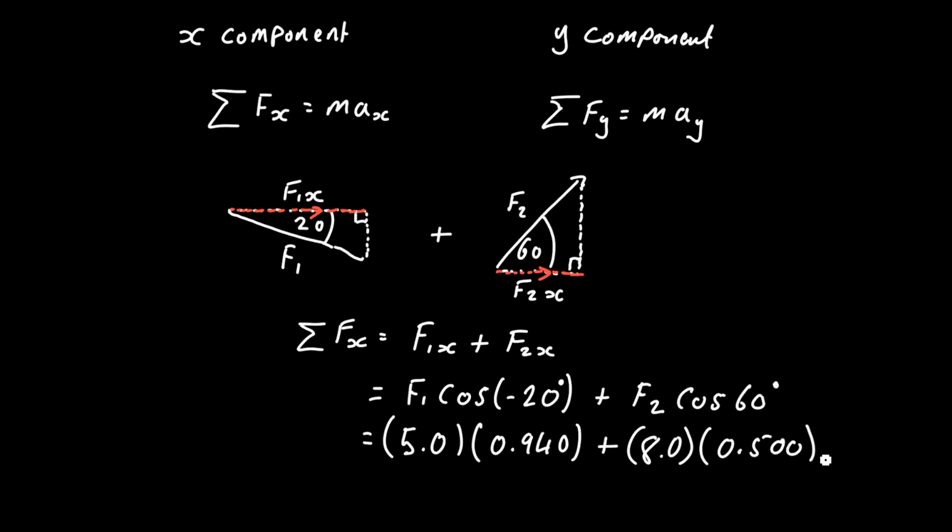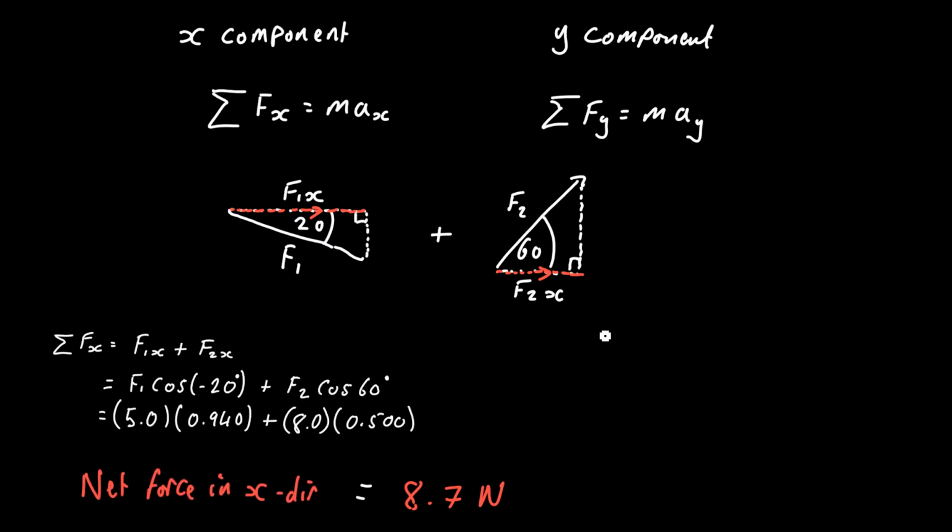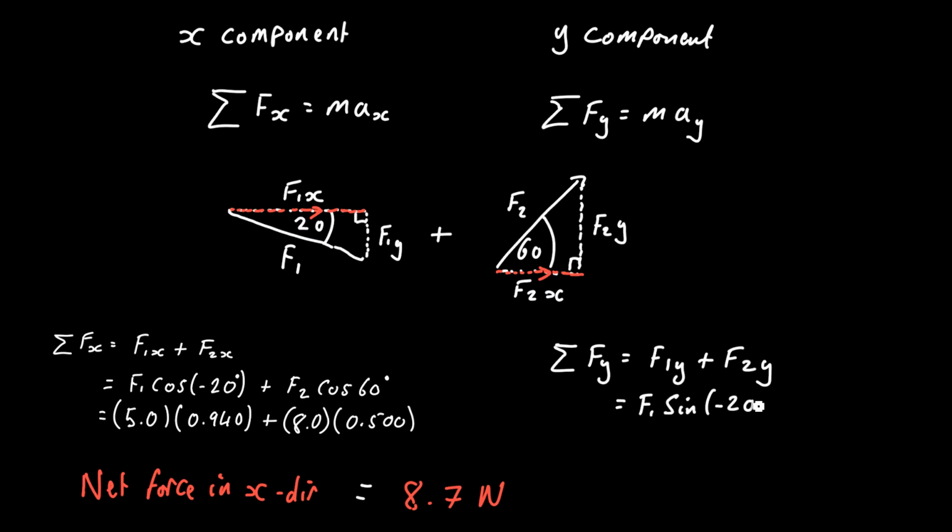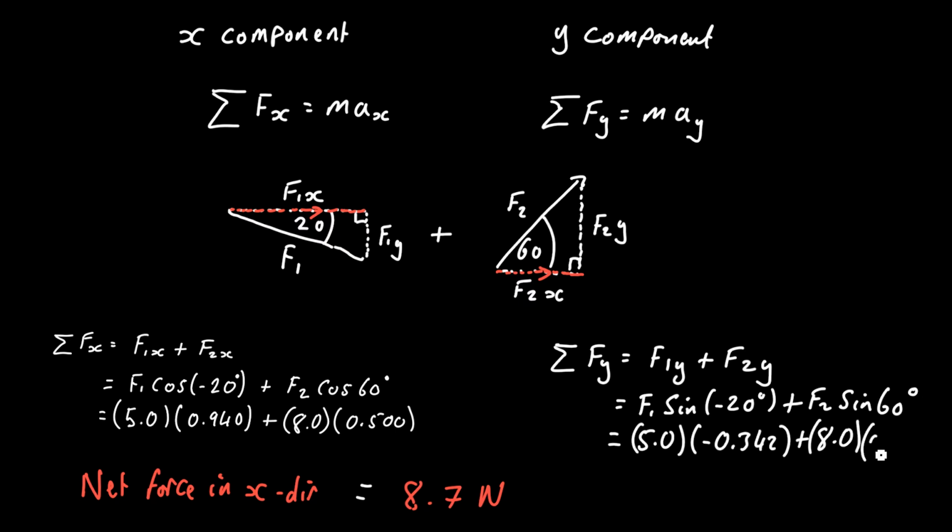And we end up with a total net force in the x direction of 8.7 newtons. So now if we look at the net force in the y direction, we add up the opposite sides of both triangles and we get F1 sine minus 20 plus F2 sine 60, and the total net force in the y direction is 5.2 newtons to two significant figures.